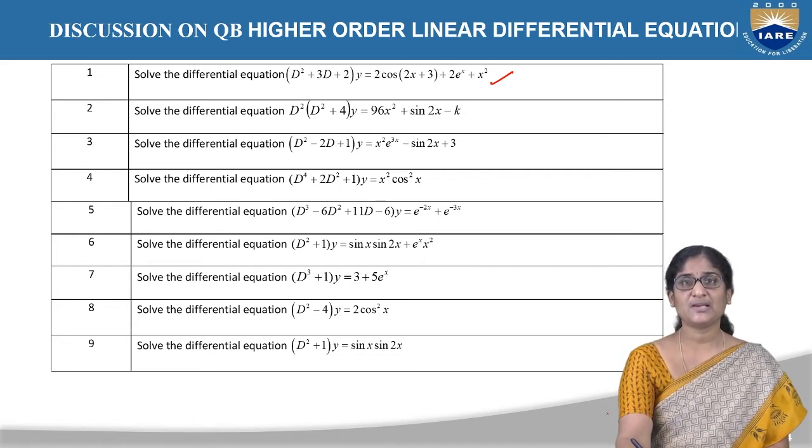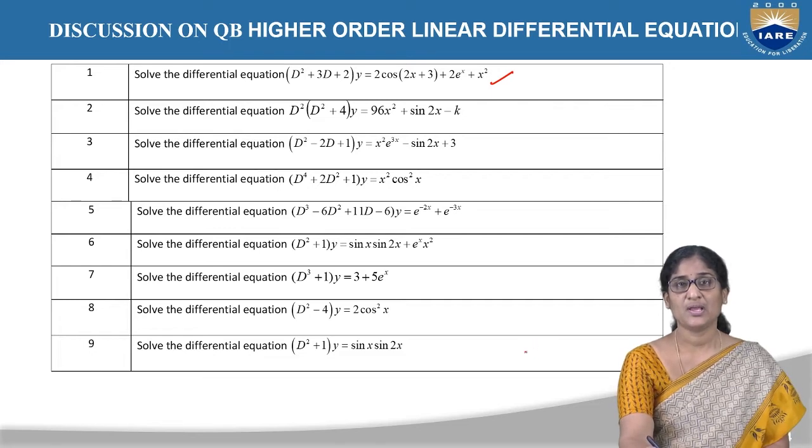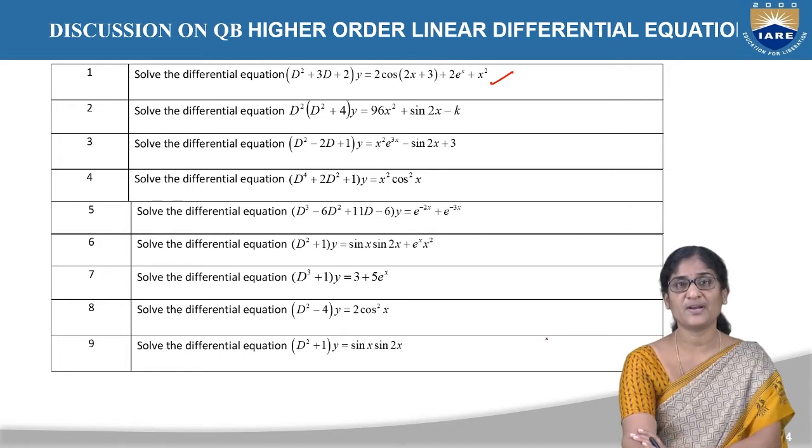The particular integral is given by 1 by D squared plus 3D plus 2, and upon factorizing, 1 by D plus 1 into D plus 2. We also have to get the auxiliary equation for the complementary function.